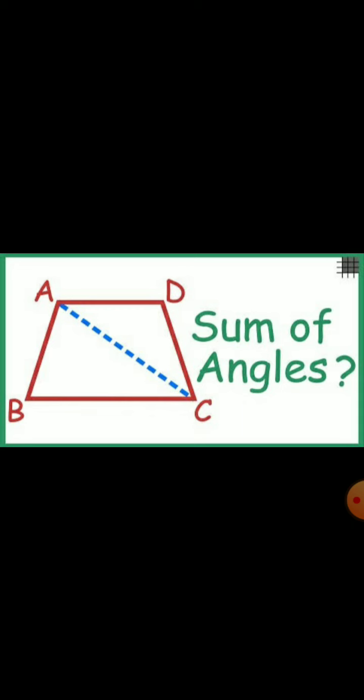So with this diagonal we can have two triangles. For one triangle ABC, the angle sum property will be 180 degree. Same way, for the other triangle ACD, the angle sum property is 180 degree. So, addition of 180 degree and 180 degree gives us 360 degree.